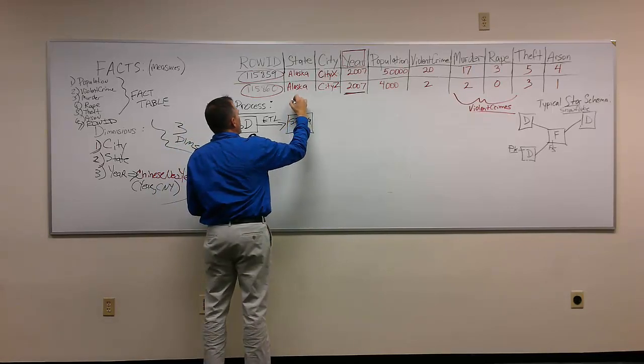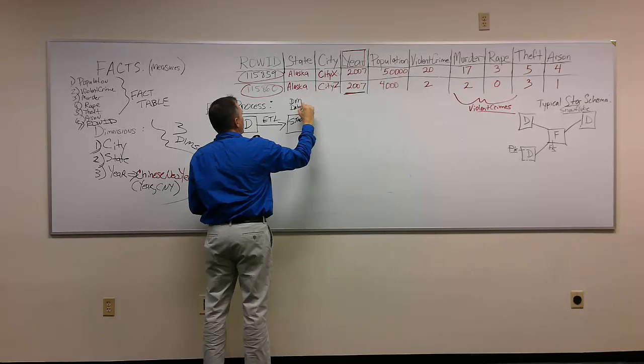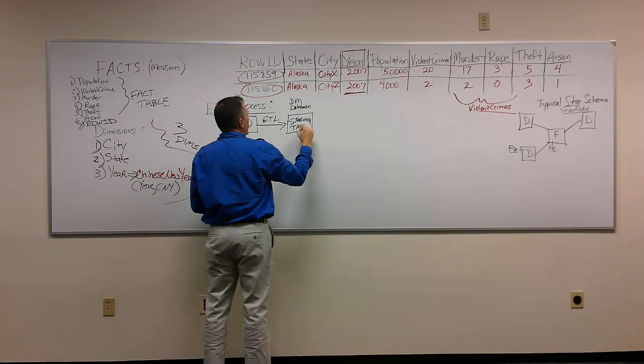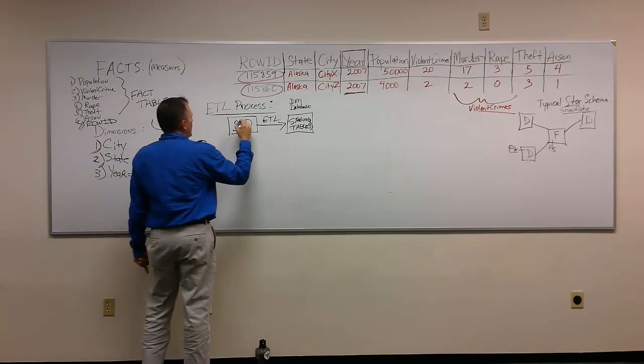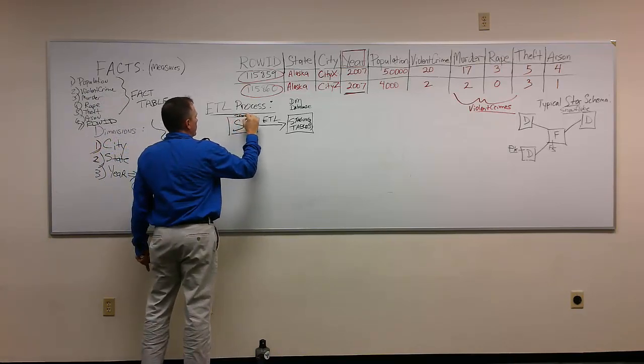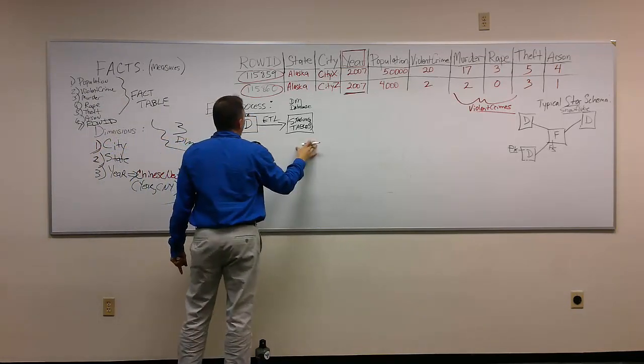So we've got a database here. This will be the data mart database. Okay? And we have staging tables, multiple tables. So we have the source data. We're going to extract it from there.